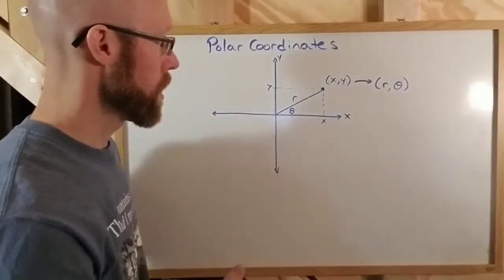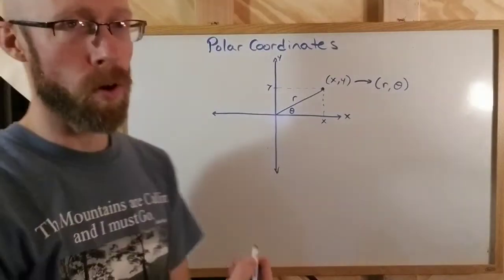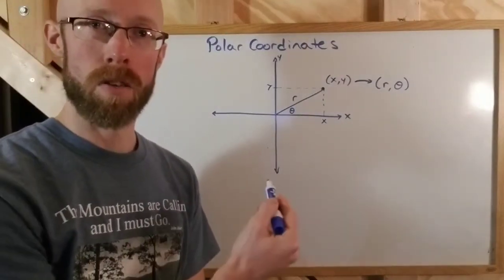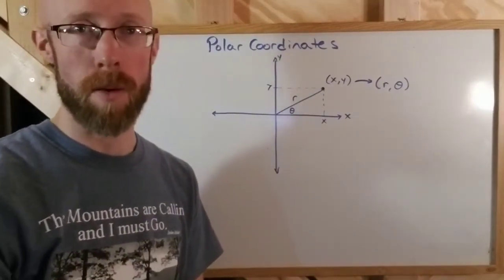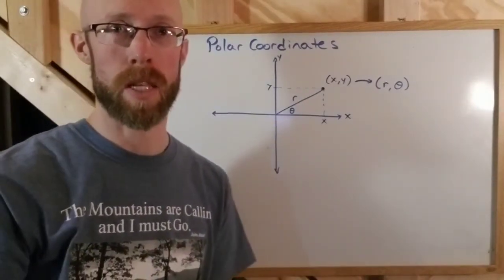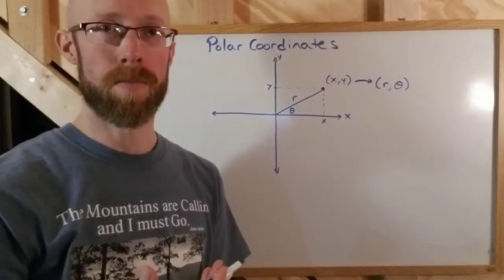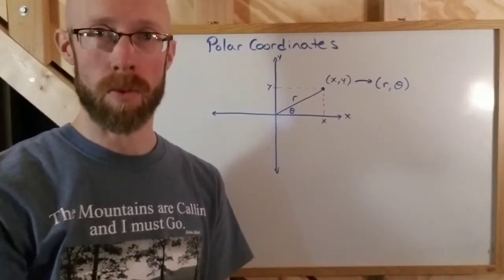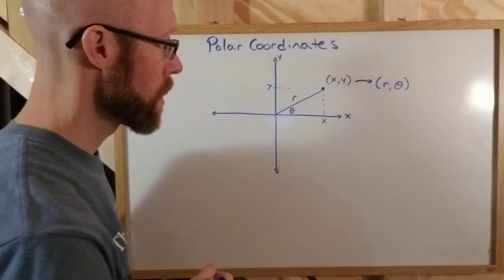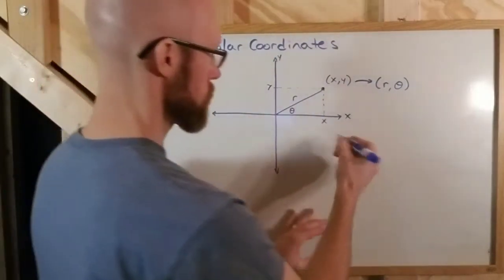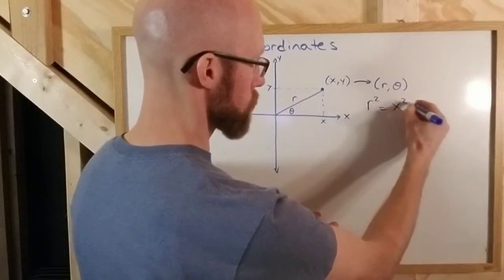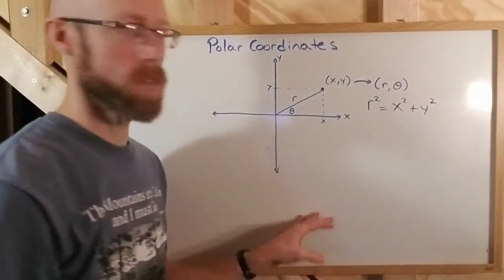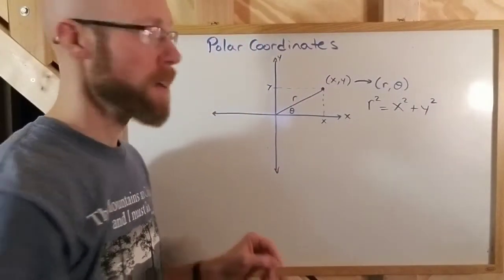Now, if you had a point in rectangular form, you could always turn it into polar form, and vice versa, using trigonometry, using all the trigonometric relationships that you've seen with vectors and with complex numbers. Specifically, we would say that r squared is equal to x squared plus y squared. That's your Pythagorean theorem, essentially.